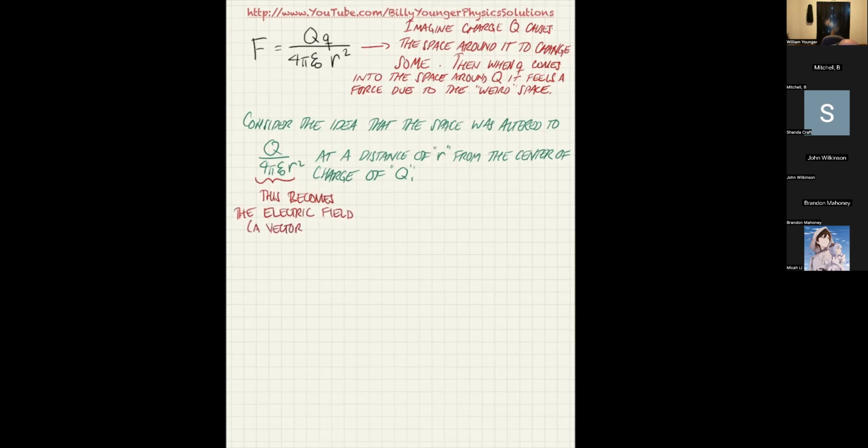And a vector field basically assigns to every point in space a vector. So it literally comes up with a vector for every point in space.